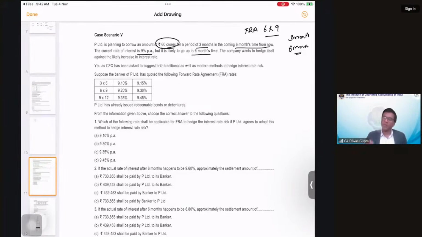You are into a borrowing position. The company wants to hedge itself against the likely increase in the interest rates. You as CFO have been asked to suggest both traditional as well as modern methods to hedge interest rate risk.